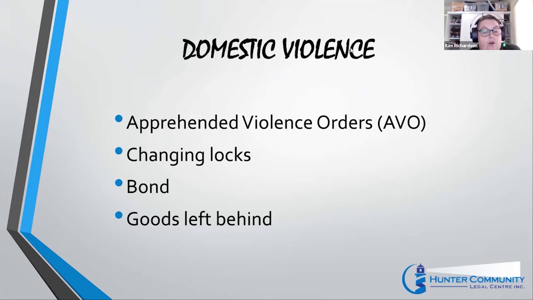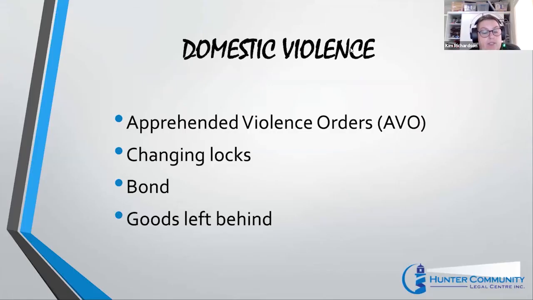A tenant or occupant being prohibited from entering by an AVO is a reasonable excuse. So if there is an AVO in place that prohibits the perpetrator from going to the house, you are able to change the locks. If you change the locks, you need to provide a copy of the keys to the landlord within 7 days, unless the AVO is against the landlord.